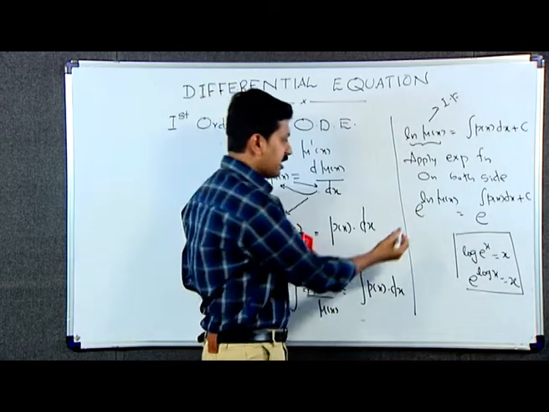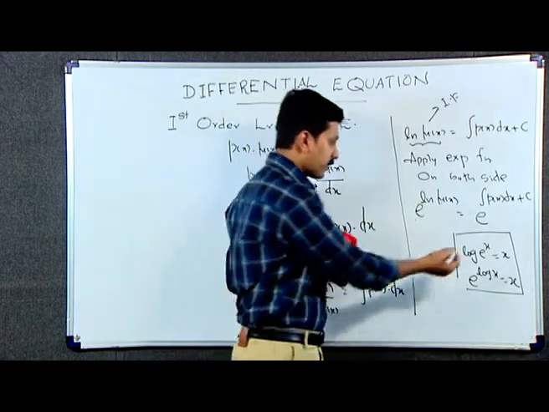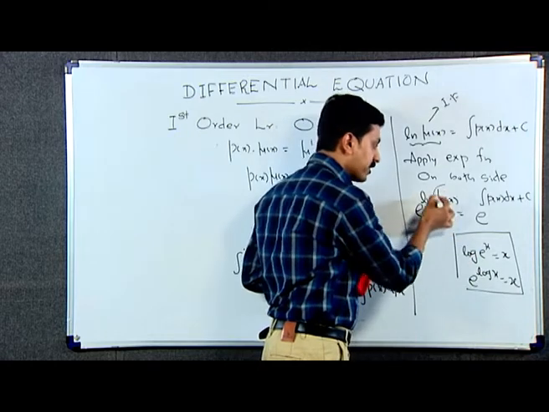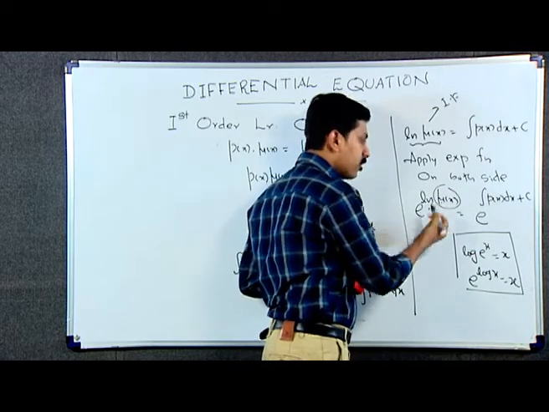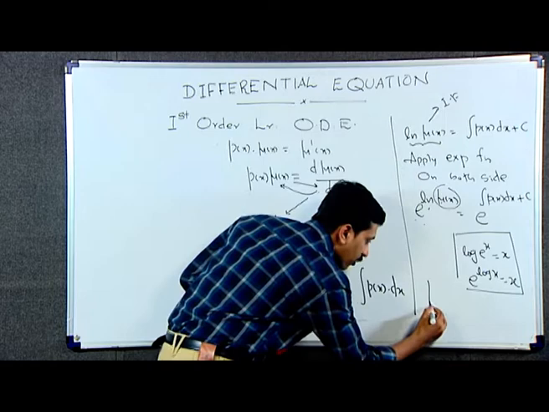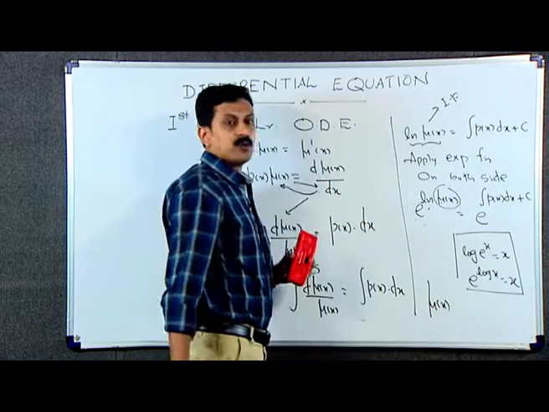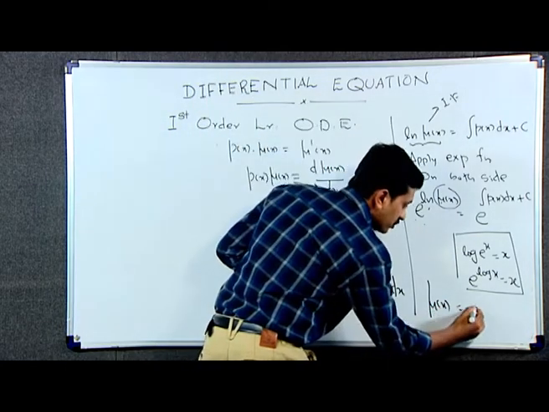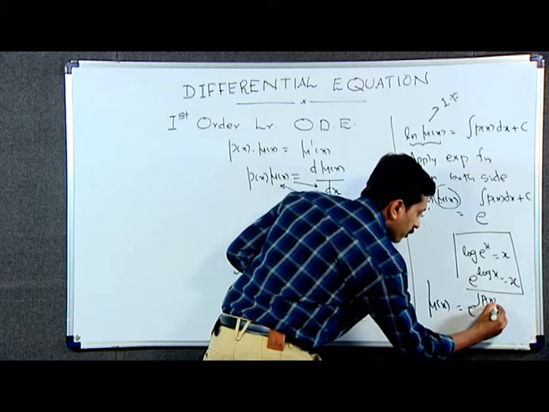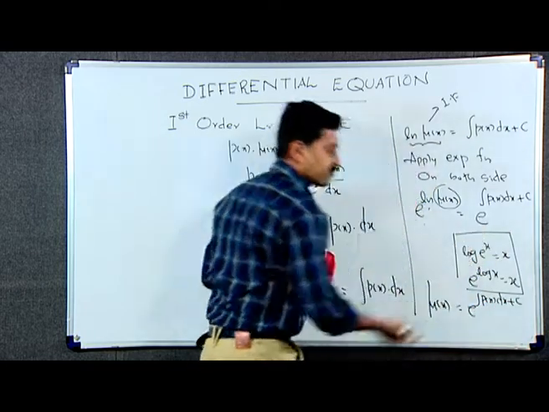From this, e raised to log of mu of x, instead of x here we have mu of x. Therefore, e and log will go away, and only mu of x remains here. Mu of x is equal to e raised to integral of p of x dx plus c.